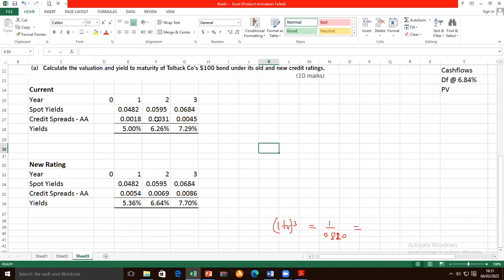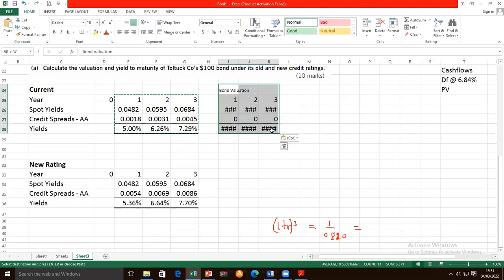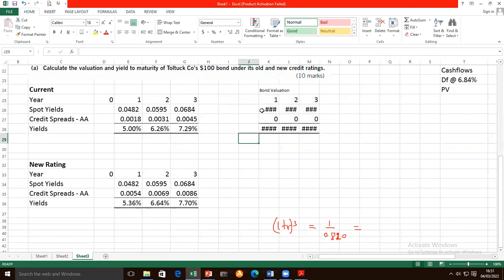Let's do the bond valuation, people. Okay, bond valuation. Let's go.